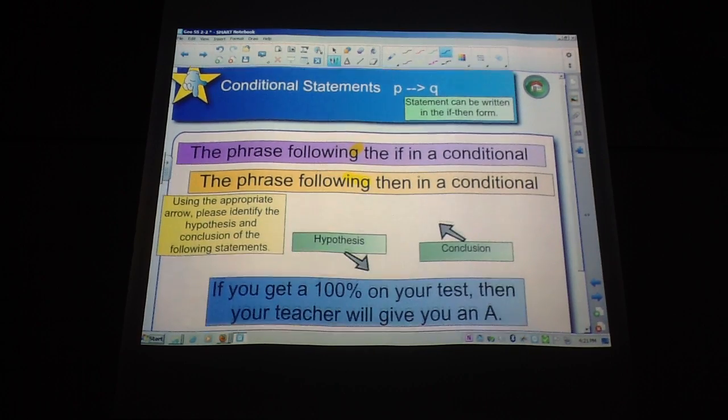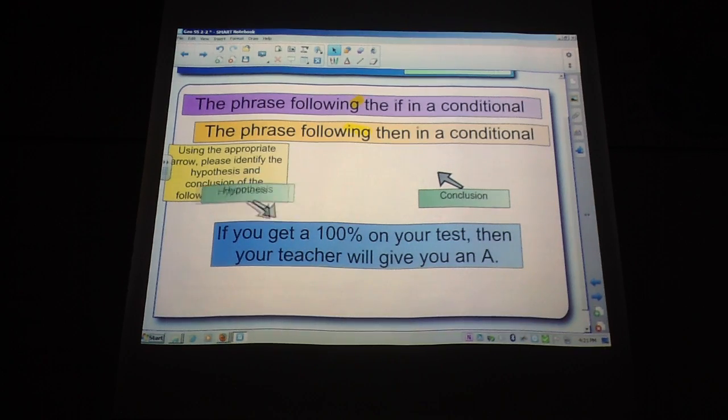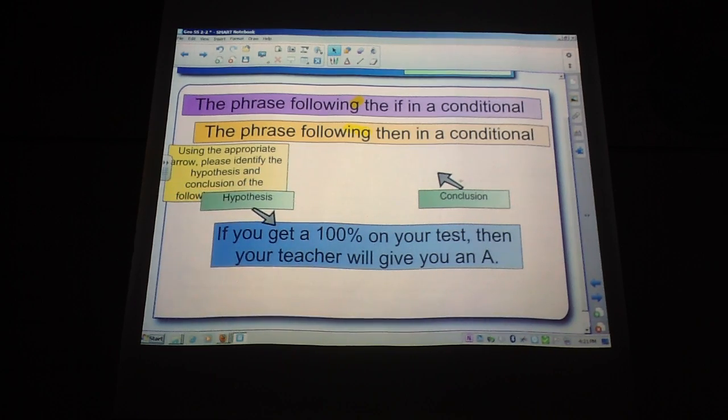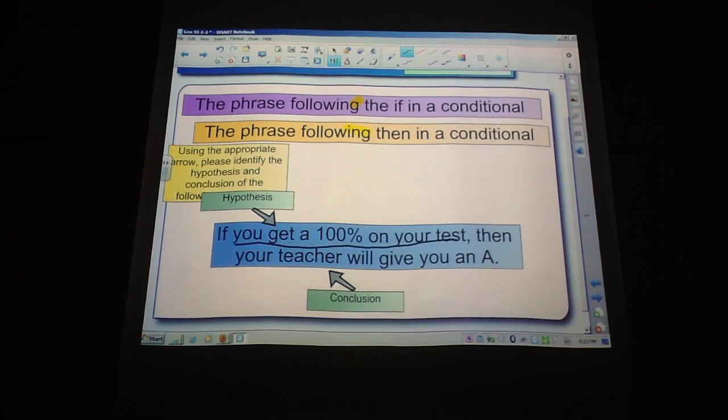And it looks like we have one more example here. So if you get 100% on your test, then your teacher will give you an A. So the hypothesis is the part that follows the if, the conclusion the part that follows the then. So I'm going to underline you get 100% on your test.